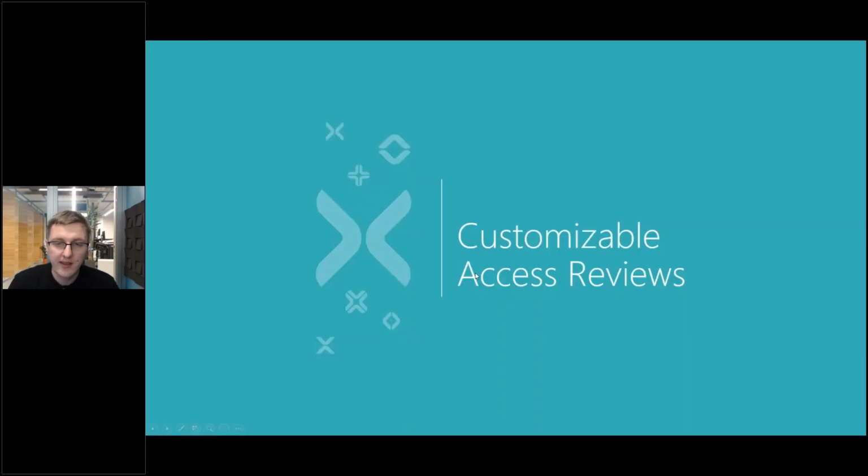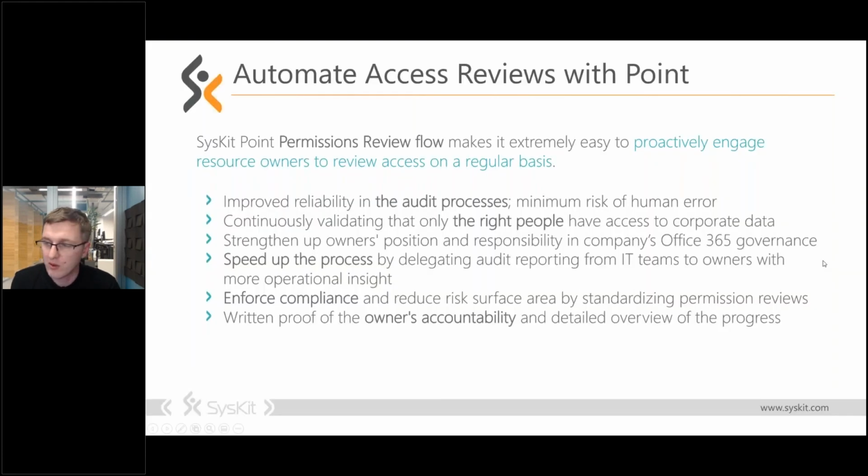And the last thing that I want to talk about is actually customizing access reviews. So for those of you who actually have been using Syskit Point know that this is not a completely new feature. So we had it before, but we made it even better. So just a short reminder, basically we have something that we call permission reviews, where you can have business owners periodically review who has access on the content they own.